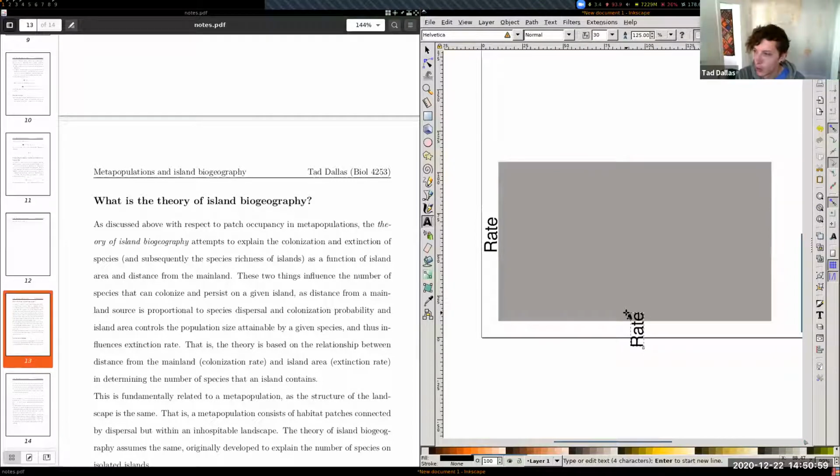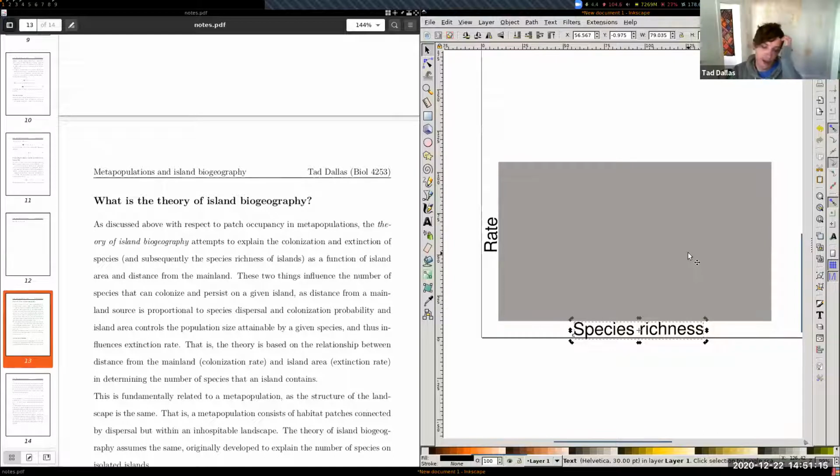And then on the x-axis, we actually have the number of species or species richness, which we remember from a previous lecture is also called alpha diversity. And this is what we're trying to explain.